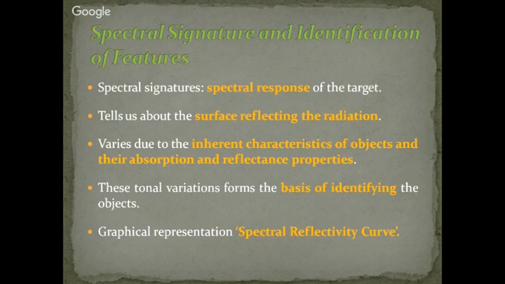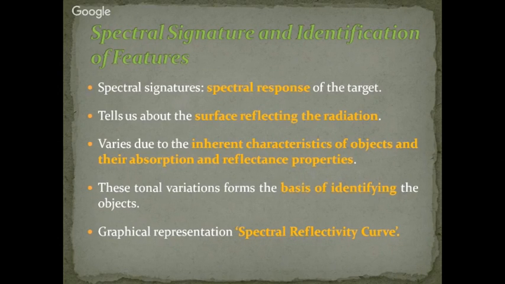In order to make things easier, we also draw certain curves with respect to the reflectance behavior of surfaces, and the graphical representation of these spectral signatures is known as the spectral reflectivity curve.